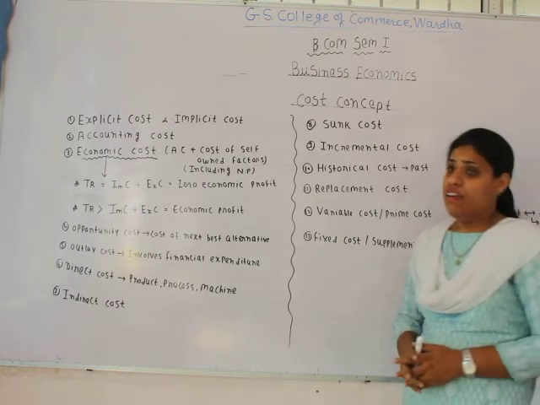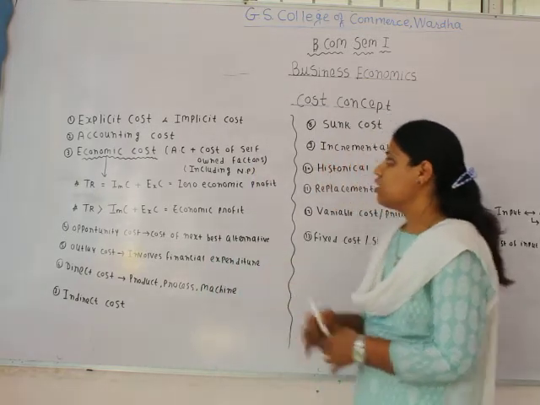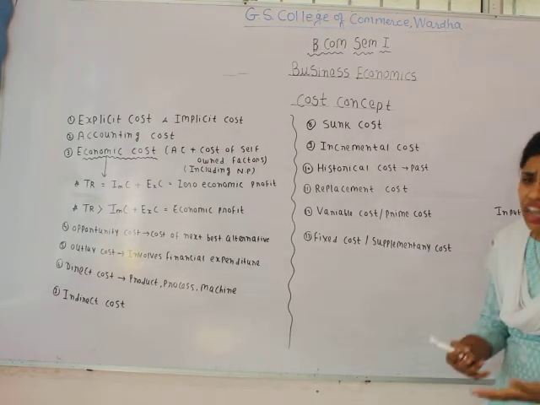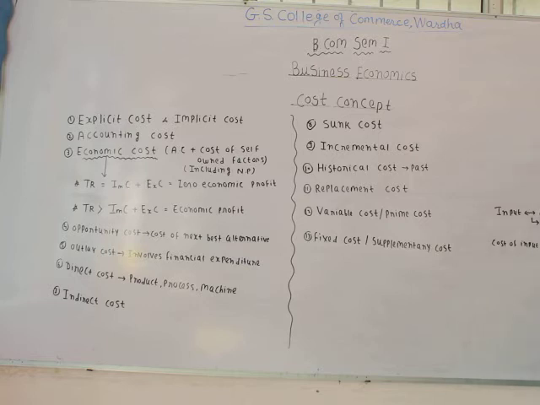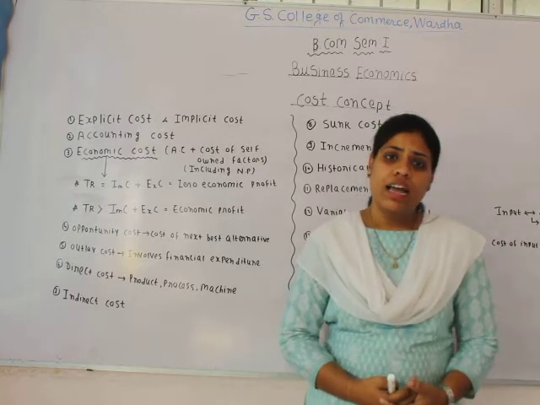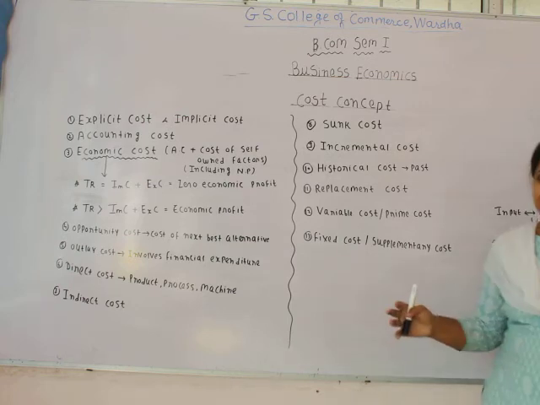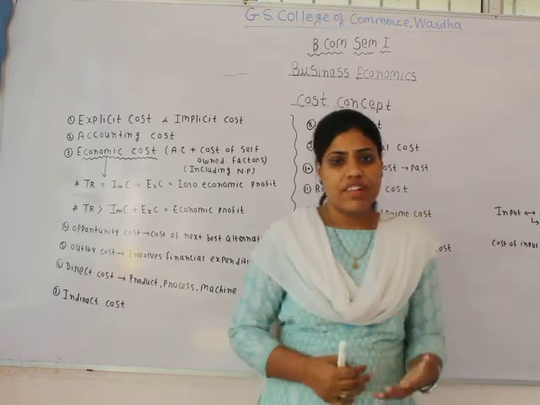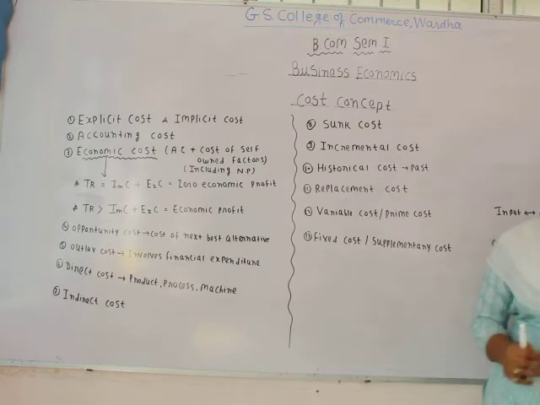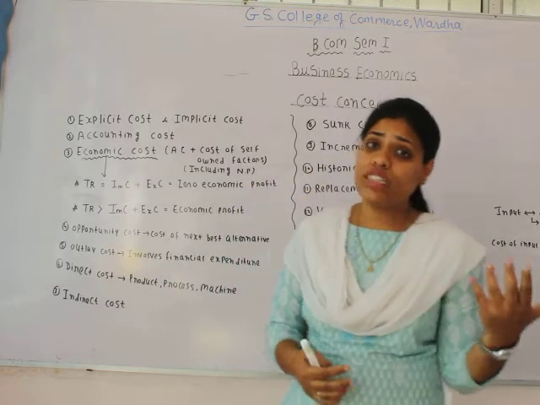On the other hand, if we talk about the implicit cost, what is meant by implicit cost? Implicit cost is the cost of self-owned factors of the entrepreneur. We will try to understand this with the help of an example. See, I'm an entrepreneur and I'm providing consultancy services. For that I require an office, and as an office I'm using one room in my flat. As I'm using my own flat, I don't have to pay rent for that flat.